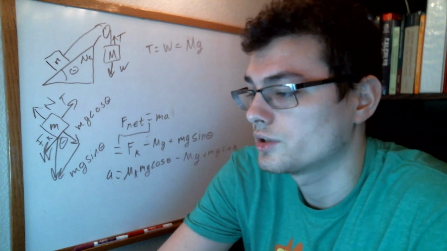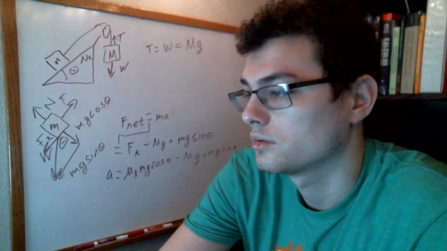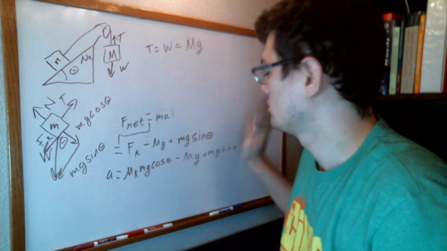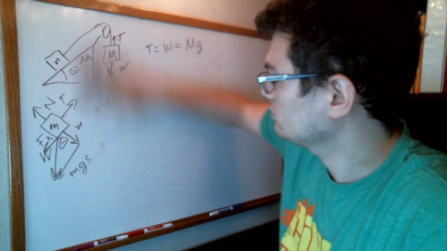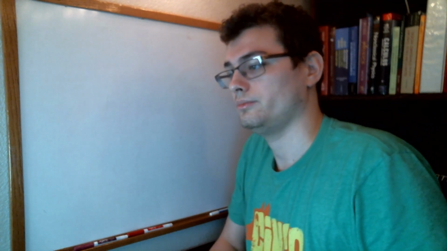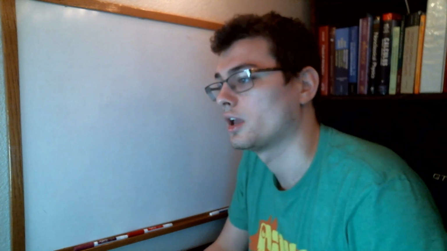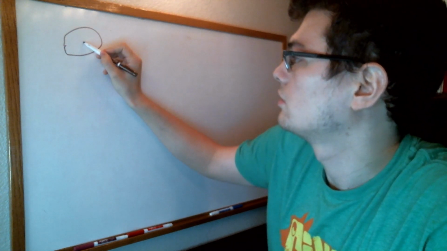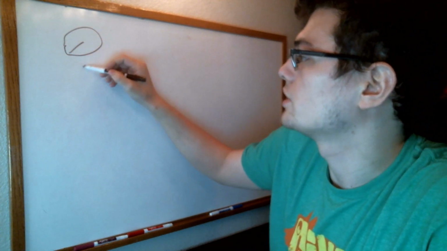So next up, let's do another problem. And if we go ahead and do a problem with uniform circular motion, and we should describe, so say we're spinning a ball vertically or horizontally around our head.